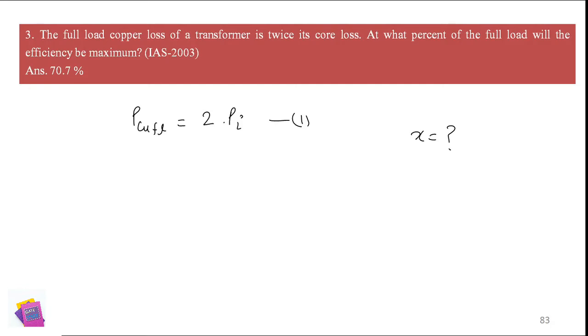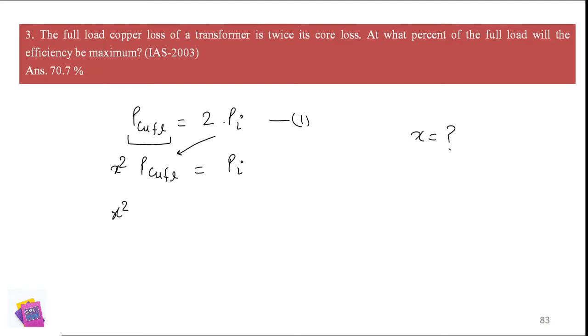You know the formula. Our formula is basically x square P copper full load equal to iron loss. So directly you can calculate, and it is given to you P copper full load equal to 2PI. So put this value in here.